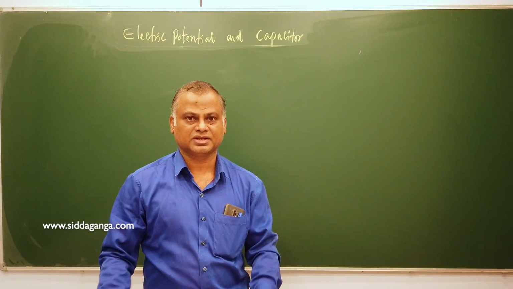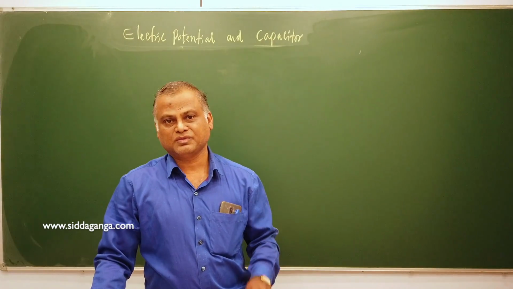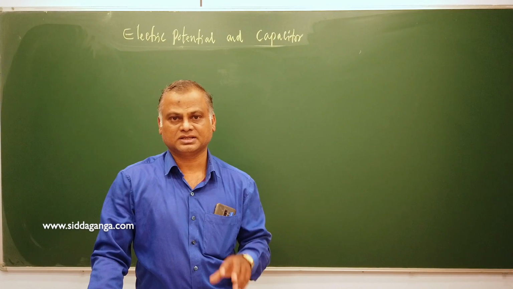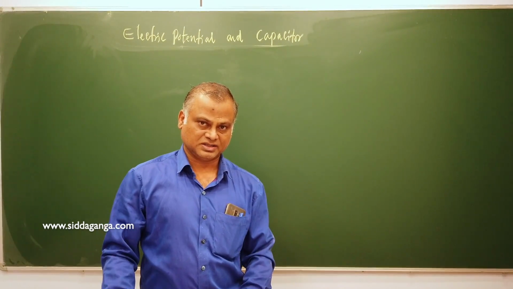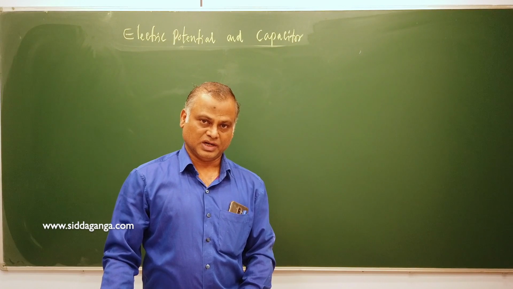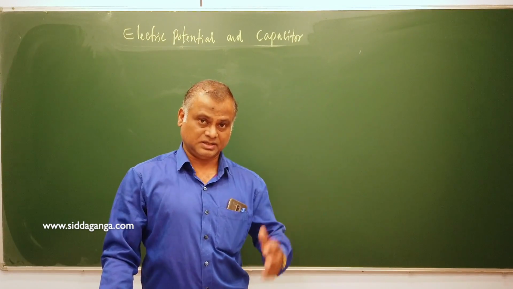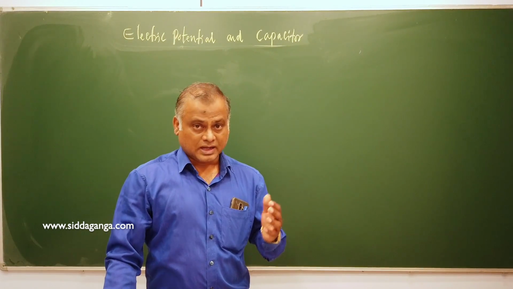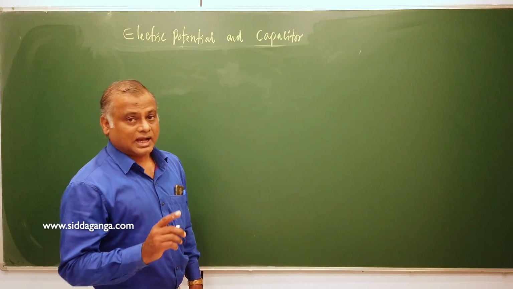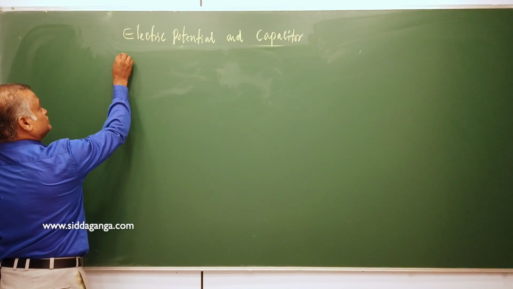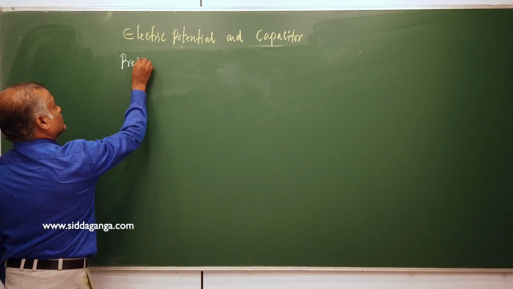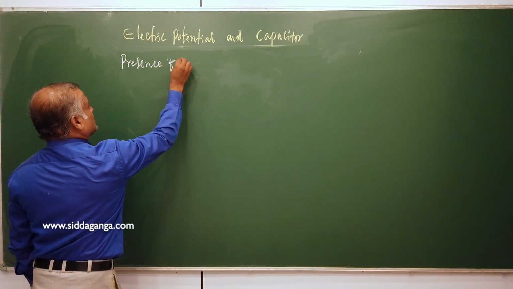It means stored energy for a system of 2-point charges, say Q1, Q2, separated by a certain distance. But these charges have to be carried against the electric field, meaning there is the presence of an electric field.